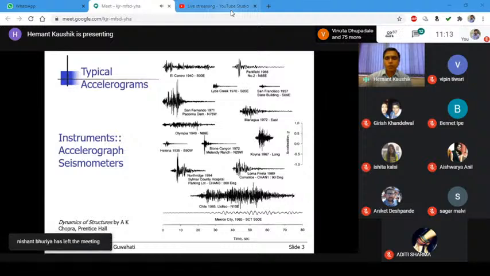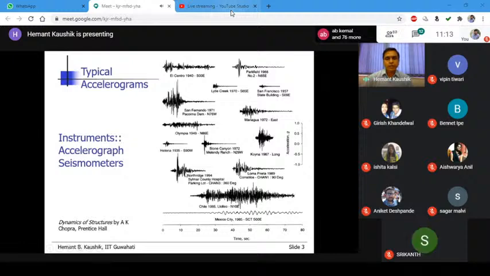You can see how long the earthquake duration was here. And this is the Northridge earthquake, another benchmark earthquake that created so much damage in the bridges in the US, the Loma Prieta, and this Mexico City earthquake that we discussed yesterday. This was recorded on that SCT site, if you remember that, right? The filled-up lake site.